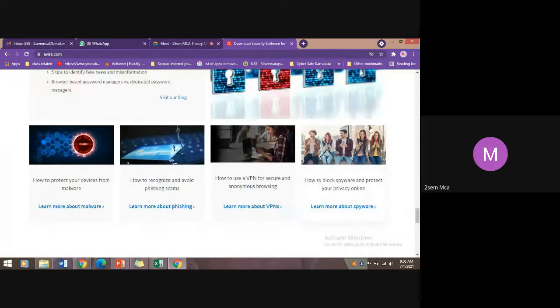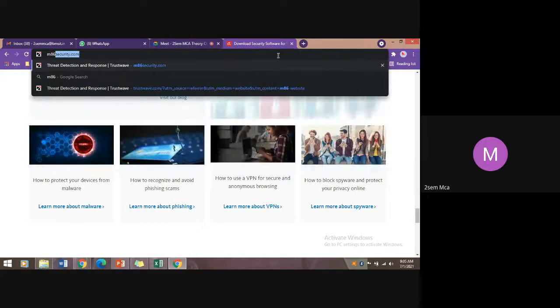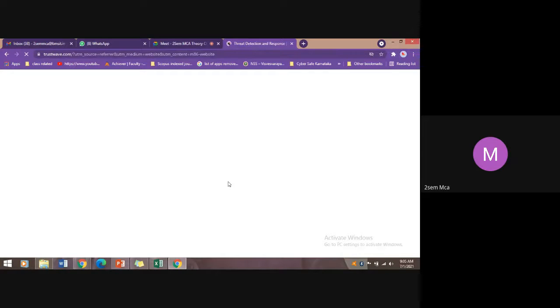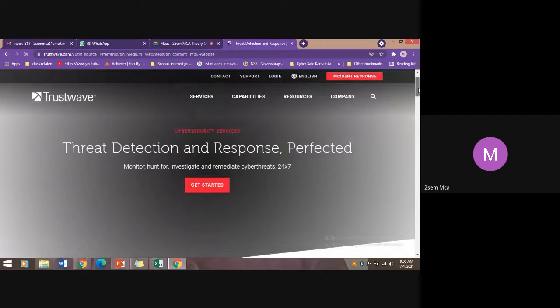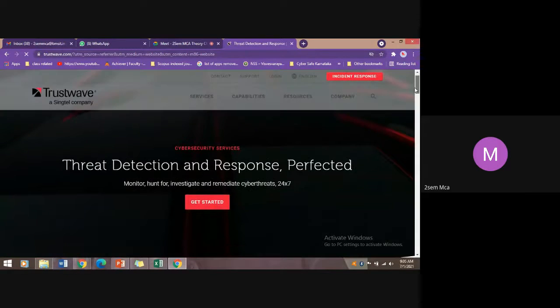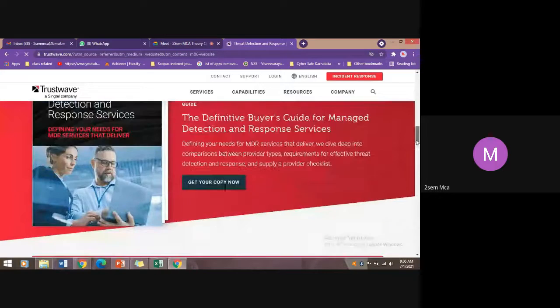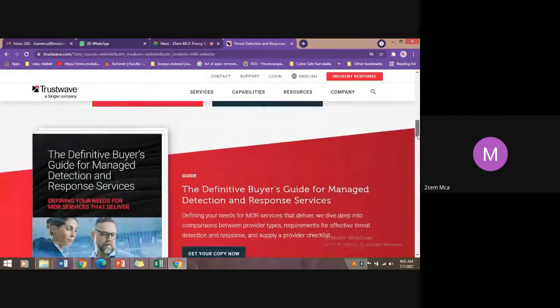And one more website called M86, m86security.com. This is one more website, Trustwave. It tells about phishing attacks and how you can prevent them.